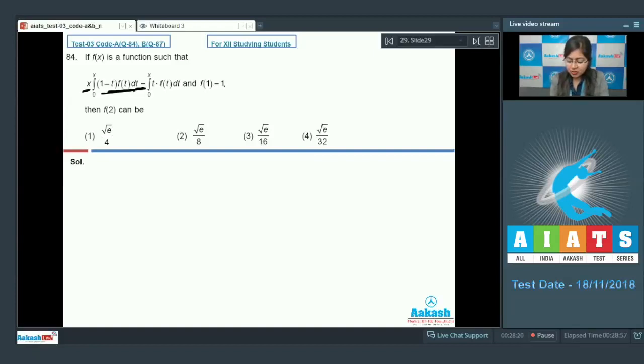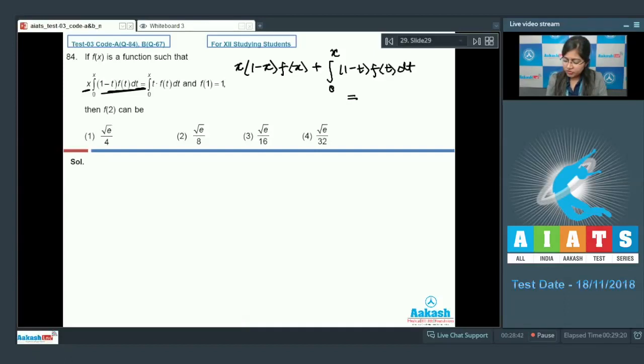We have two functions here. Firstly, let's keep x constant and differentiate the second term, we will get (1 minus x) into f(x) plus, keeping the integral constant, differentiation of x will be 1.